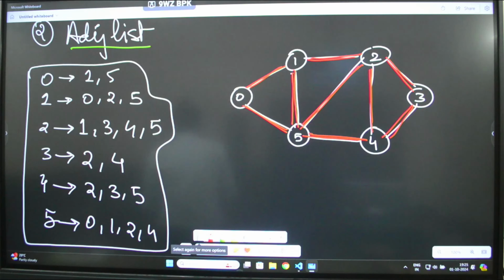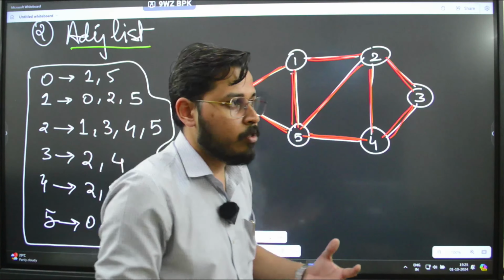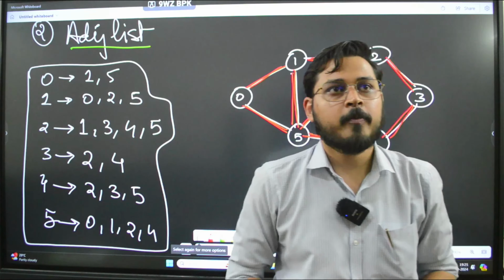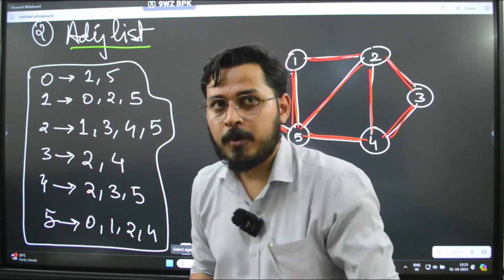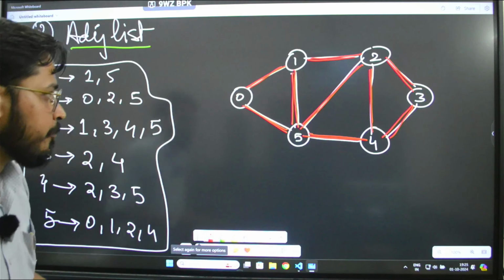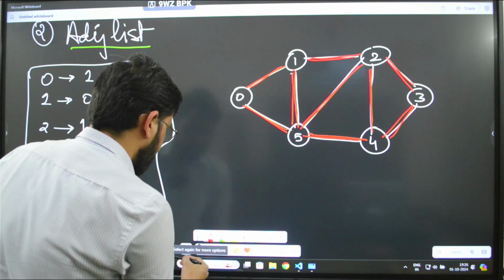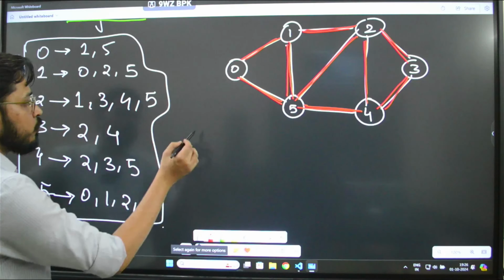Okay, this is how your adjacency list would look, and today let us discuss how we can implement the code for it, what all things we are going to use in the code. Alright guys, let us talk about that. Okay, so here we are guys, and I can implement the code in two ways.